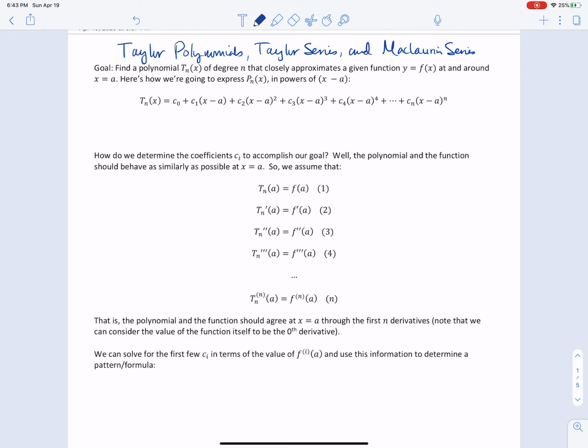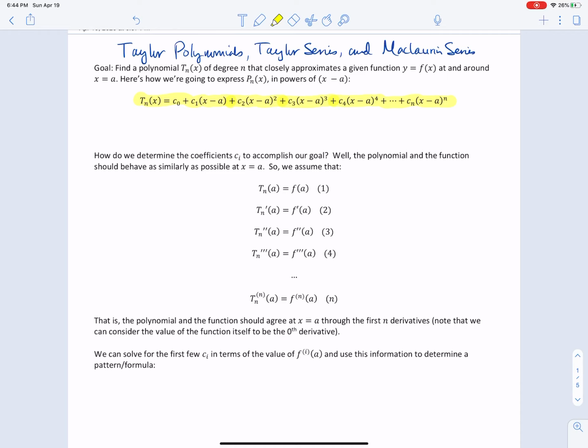We're going to take a polynomial and write it as T sub n equals c0 plus c1 times (x minus a) plus c2 times (x minus a) squared, c3 times (x minus a) cubed plus c4 times (x minus a) to the fourth, and so on. If it's an nth degree polynomial, the final term will be c sub n times (x minus a) to the nth power. So we can take any polynomial and write it in terms of powers of x minus a, where a is any constant, any point in the domain of the function.